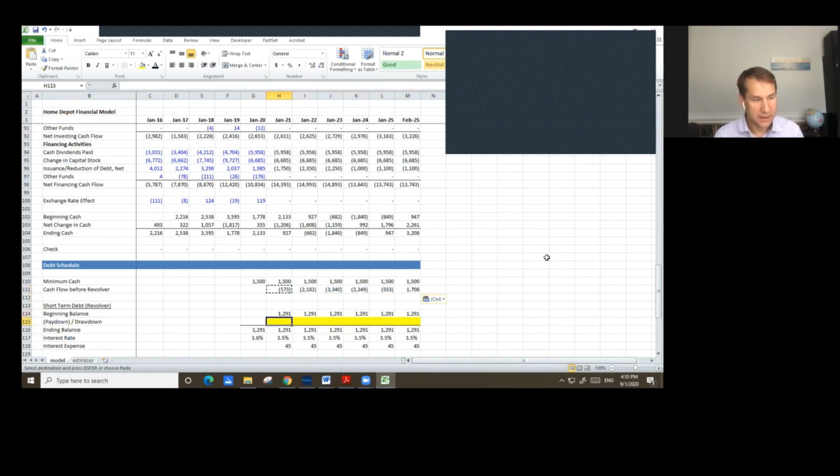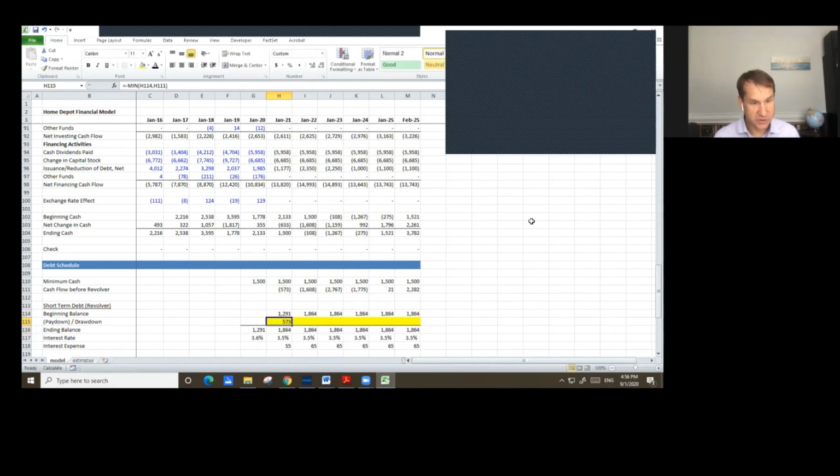And then pay down, drawdown. Remember that simple formula: equals negative minimum of beginning balance, so we don't want to pay down more than our balance, or cash before revolver.